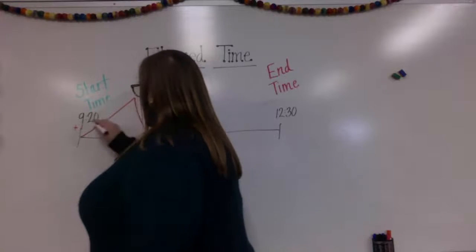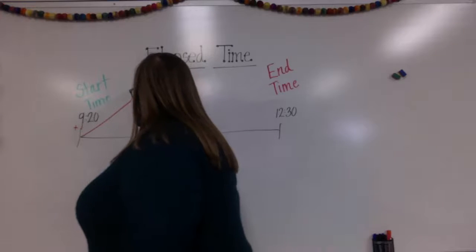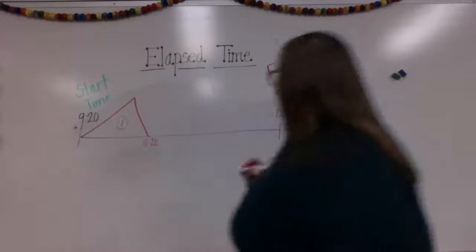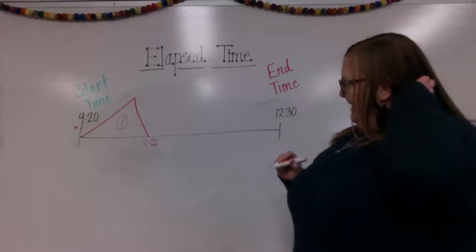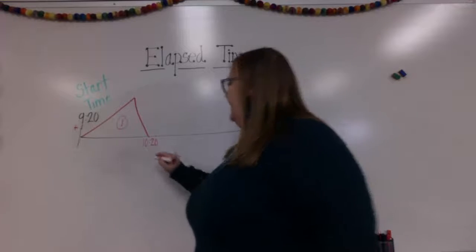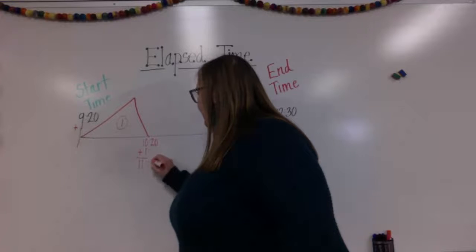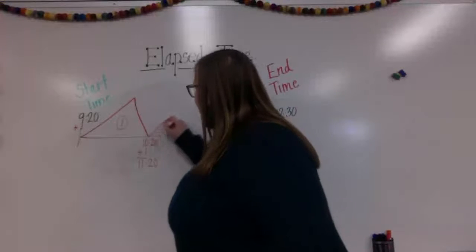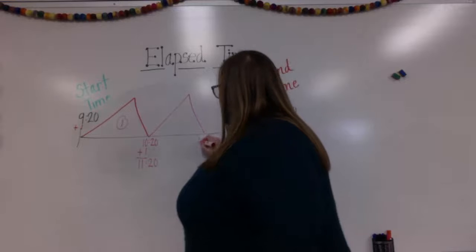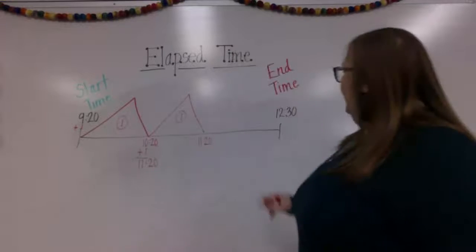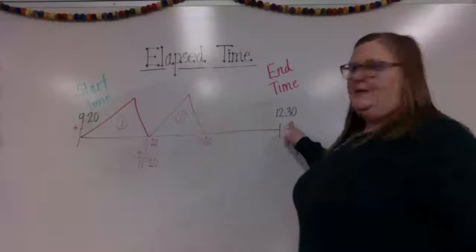So from 9:20 to 10:20 is 1 hour. Okay? Then I can add another hour here, right? If I add another 1 to the hour side, it's going to be 11:20. So I'm going to make another mountain, and I'm going to make it 11:20. And there's another hour.